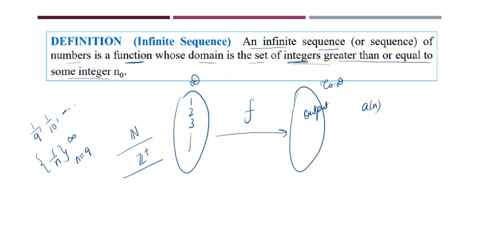So I can say that the domain is the set of integers starting from 9 till infinity, right? So that is why I'm saying the domain is a set of integers greater than or equal to some integer n naught. So in this case, my domain is integers greater than or equal to n naught, where n naught is 9. So this is a generic definition.